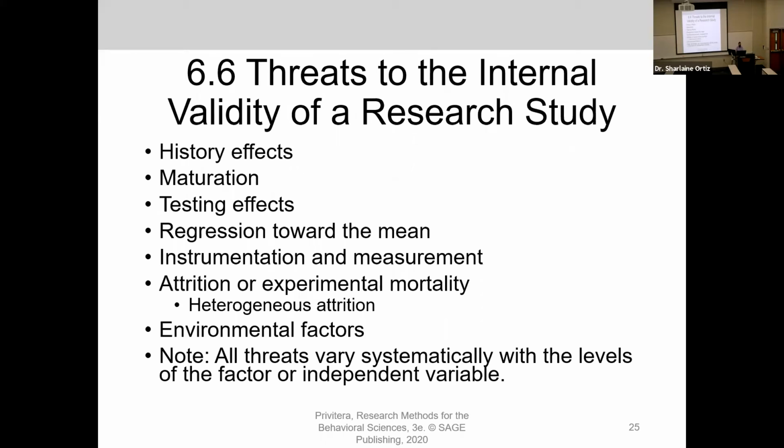So for instance, let's talk about history effects. Right? What do I mean by history effects? There are some issues when we are referring to history, because there could be literally aspects that are developing at the same time that you are conducting your study that will, in fact, impact your participant.